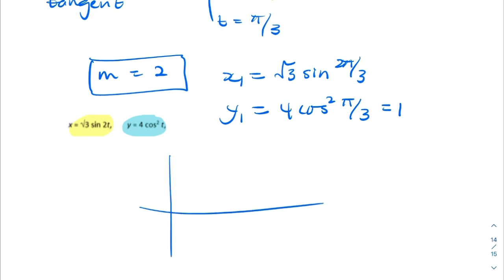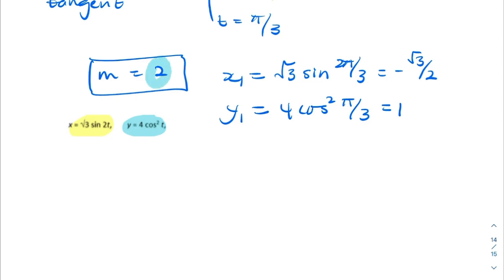Let's see. I don't have a calculator on me. So if that's 90, that'll be 60. So yeah, sine 120 will probably be minus a half. So that'll be minus root 3 over 2.